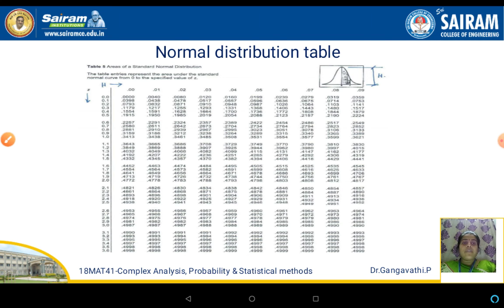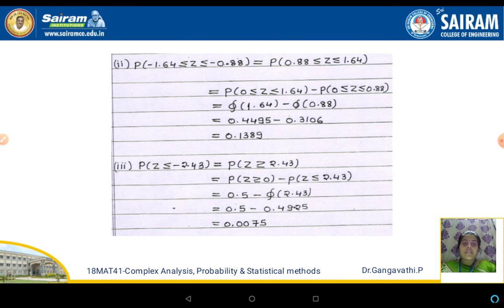That value we are going to enter here. Similarly, for phi of 0.88, you take 0.8 in the vertically downward direction, then move horizontally till you get 0.08, which gives the value 0.3106. On subtracting, we get 0.1389. So this is with respect to the second subequation.